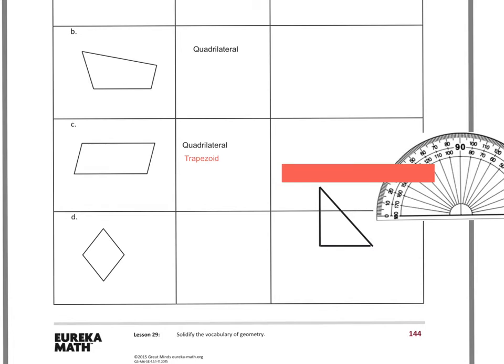And I see that there's 2 pair of parallel sides, making it a parallelogram. So I can now add a parallelogram because I see that not only is this side and this side parallel to each other, but now we have this side and this side. So it is a trapezoid technically because it has at least 1 pair of parallel sides, but it has 2, so the better classification would be a parallelogram.